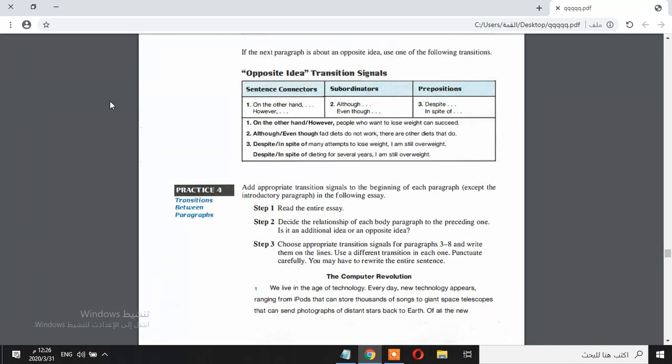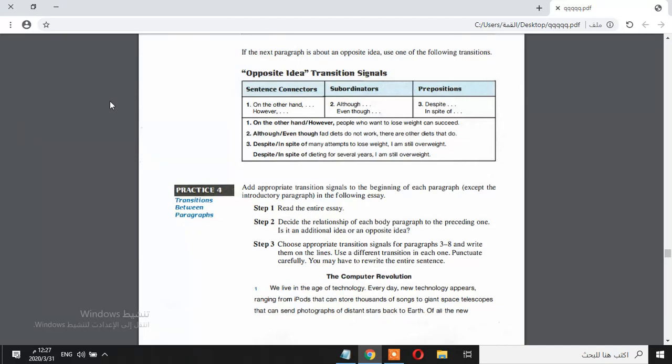With although and even though, the idea expressed by the conjunction and the sentence that follows is subordinated to the main clause, which means that this is less important than the fact expressed in the main clause. This is very important. Like although and even though, we have the prepositions despite and in spite of. You remember from your previous study that complex sentences beginning with although and even though can be transformed into a phrase by substituting although with despite or in spite of.